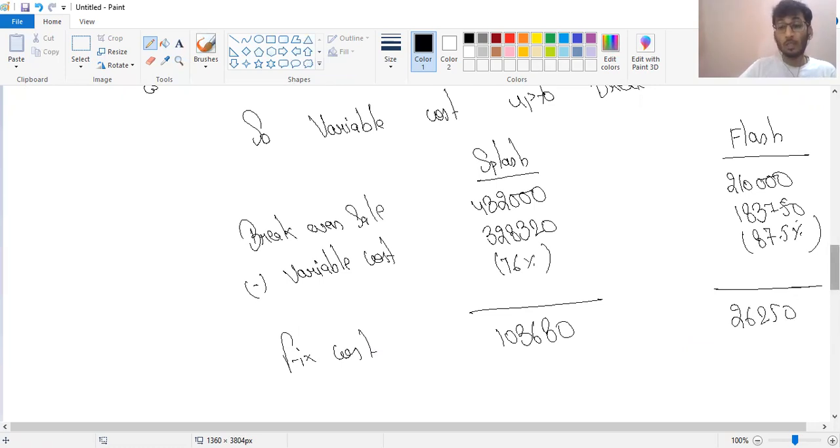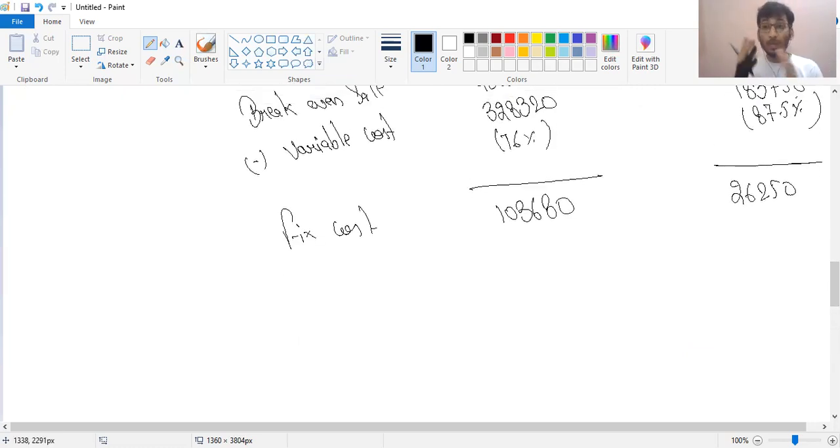See, one of the reasons why I made this question so long, I explained each and every concept of this question, is that I can make a revision of the break even point as well. We have made a good revision of all the concepts of break even point, but it would be useful only when you have attended the break even point chapter first. When you have seen the lectures, when you have gone through the questions, you know the basic concepts, then I think it would be much easier for you.